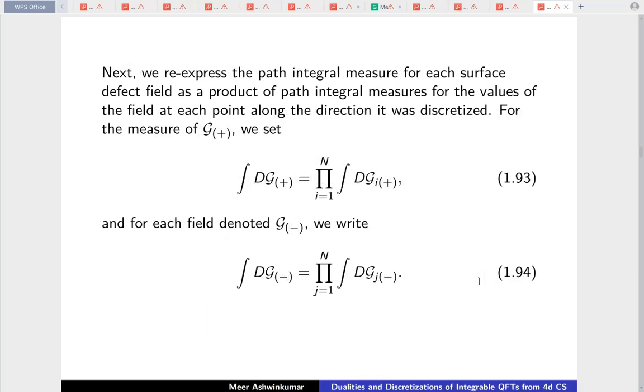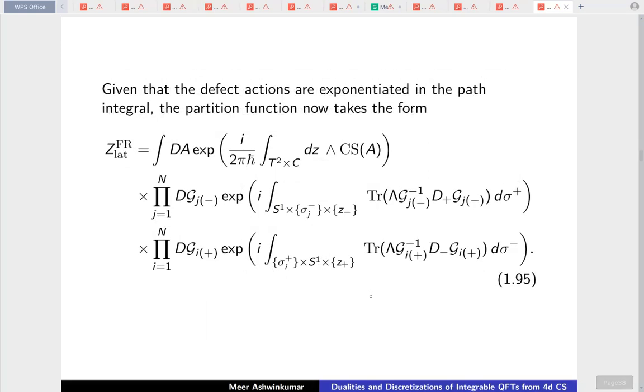in a very straightforward manner, as shown here. And the result is that you have Chern-Simons theory coupled to an infinite number of quantum mechanical systems in each light cone coordinate direction. And these quantum mechanical systems are very well understood from the perspective of geometric quantization.